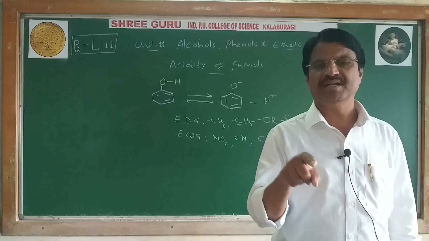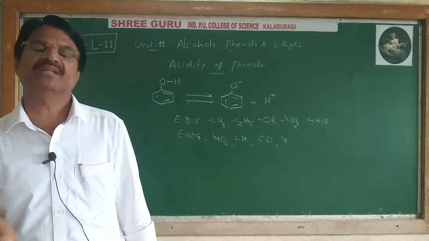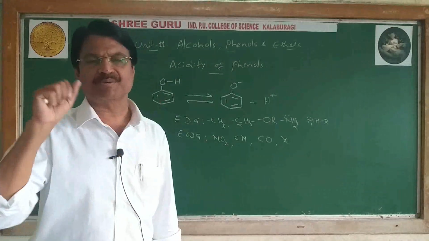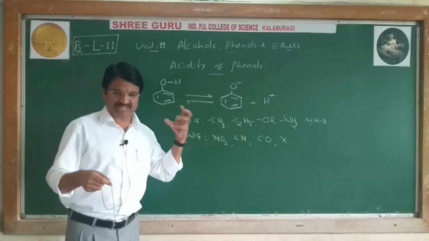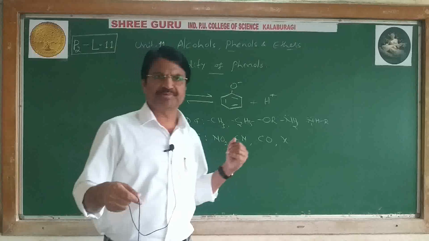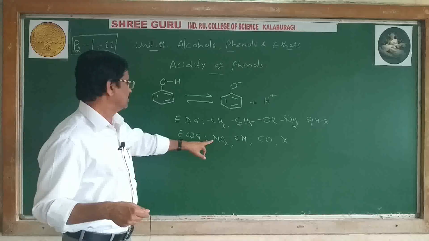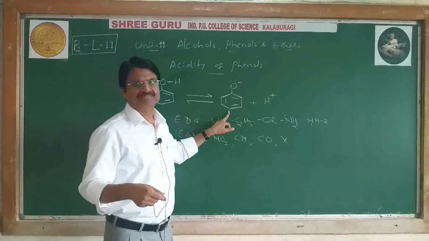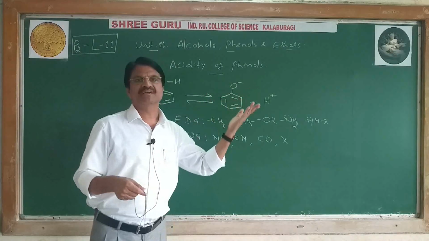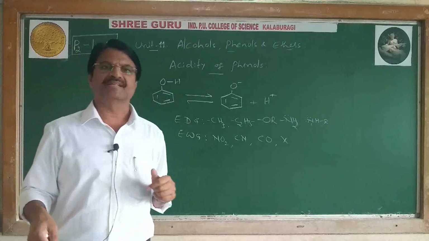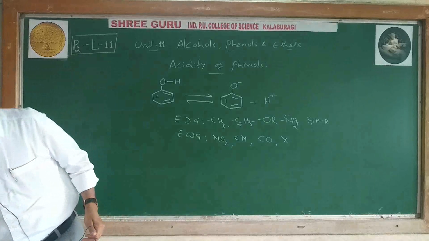Ka value and strength of the acid are directly proportional. pKa value and strength of acid are inversely proportional. Correct? Yesterday I told about the nitro group, the effect of NO2 group. NO2 group increases the acidity of phenol because it stabilizes the phenoxide ion. Stability of nitrophenoxide ion is greater than phenoxide ion. That's why nitrophenols are said to be more acidic.